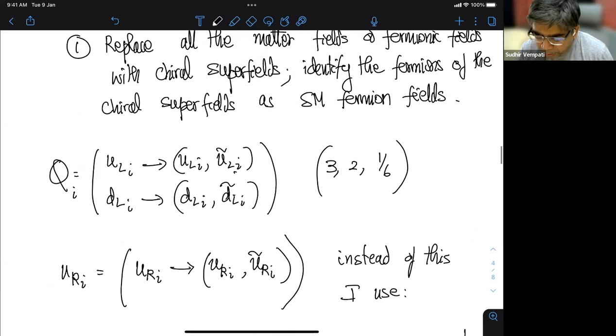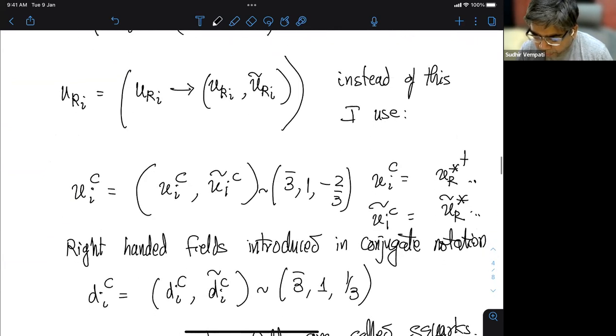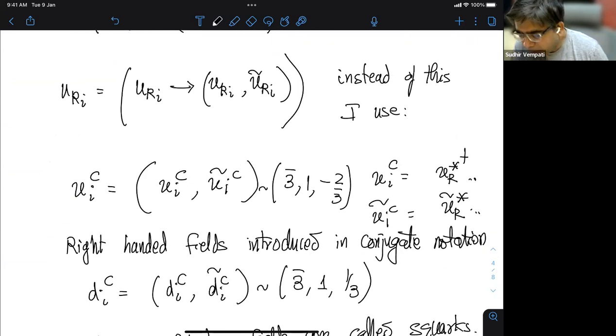Qs are mapped into a chiral superfield, and so are the Us, except that there is a subtle problem with the notation because you're introducing conjugate fields. The only difference comes with the Higgs sector.